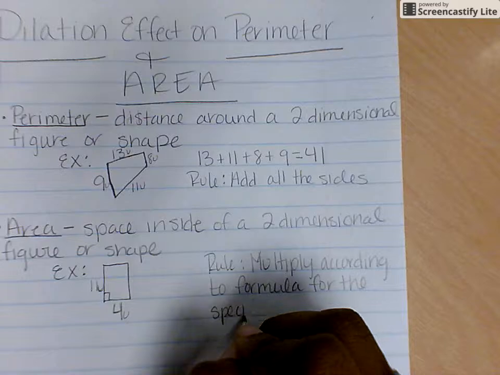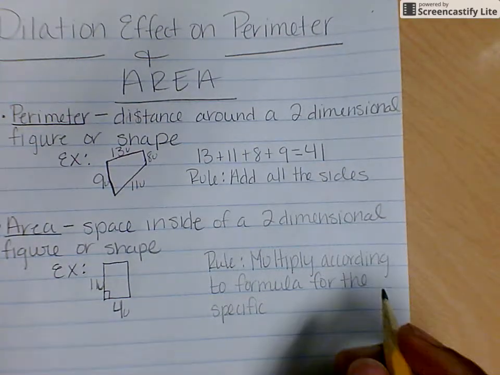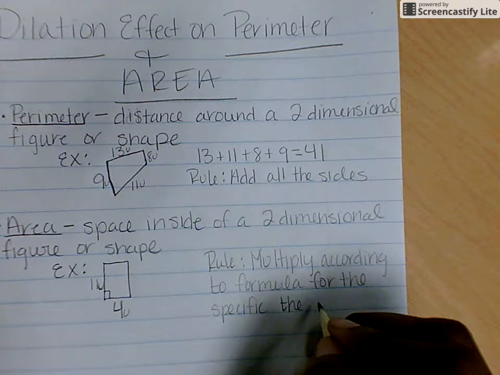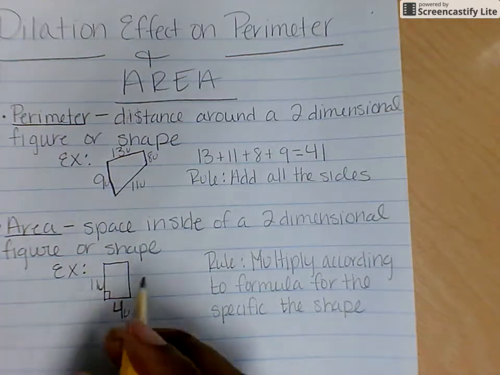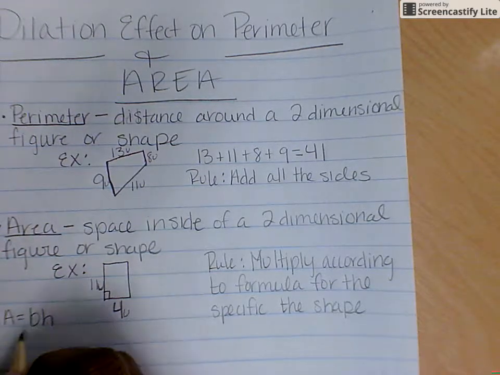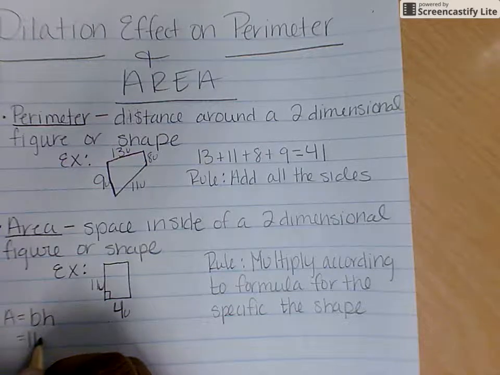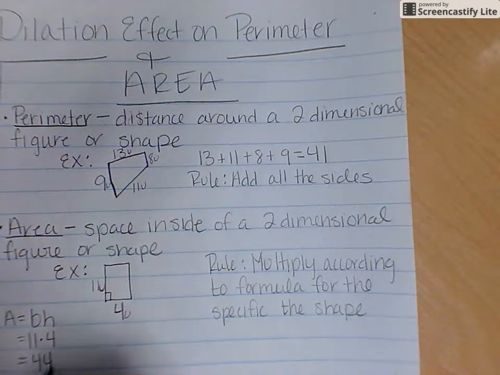Because we all know that the area formula for a rectangle may be different than the area formula for a triangle. So you use the formula for that particular shape, which for us with the rectangle is base times height or length times width. So we would do 11 times 4 and get 44 units squared.